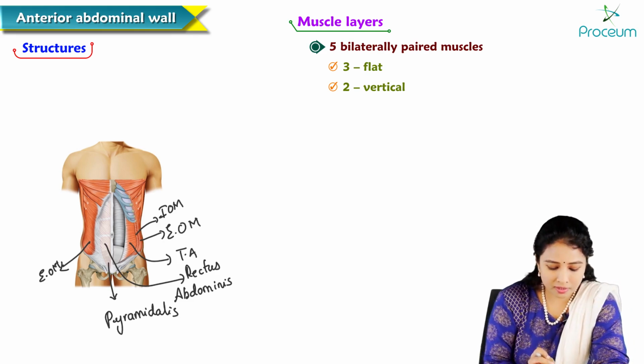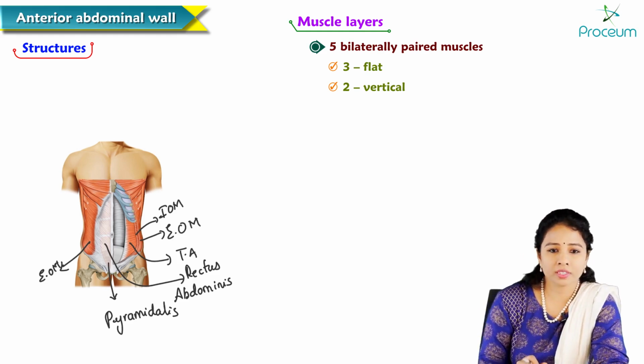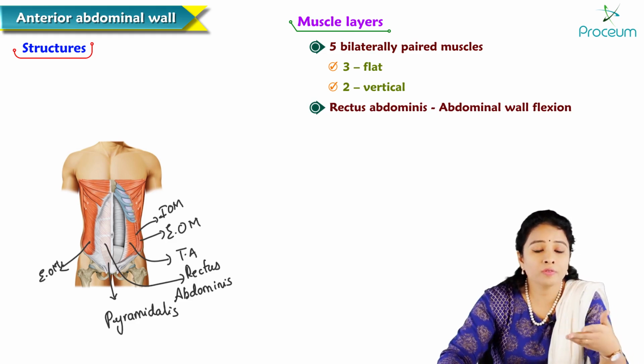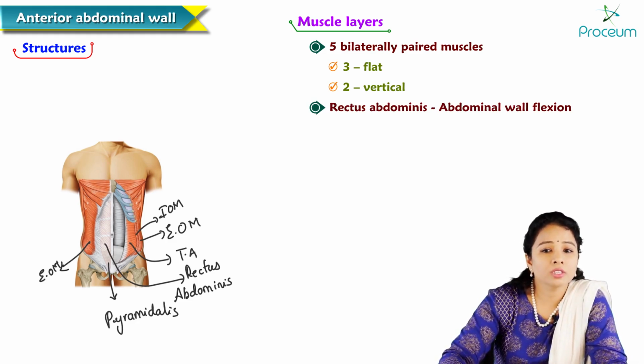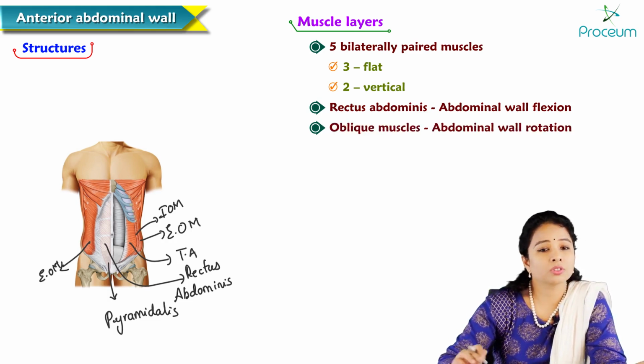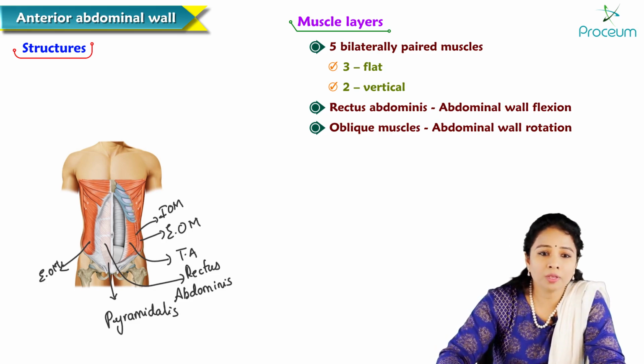The pyramidalis muscle is present in the lower part near the pubis, and is also a content of the rectus sheath. The rectus abdominis muscle is responsible for abdominal wall flexion, so the forward flexion of the abdominal wall is due to the rectus abdominis. The oblique muscles provide abdominal wall rotation, so side to side rotation of the abdominal wall is due to the oblique muscles.